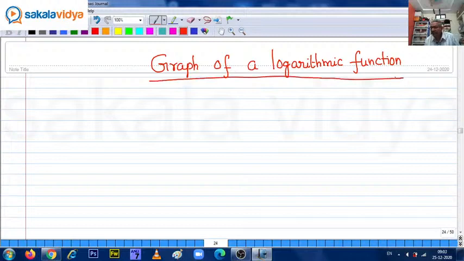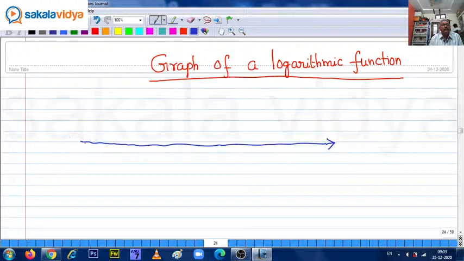Sometimes you may be asked to draw a rough graph of a logarithmic function. This is the x-axis, this the y-axis. For a rough graph, take x dash, this origin, y and y dash.